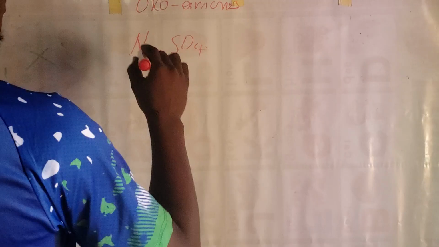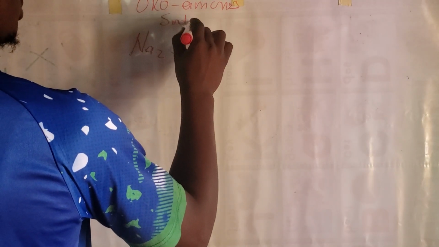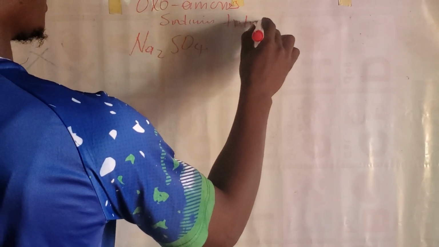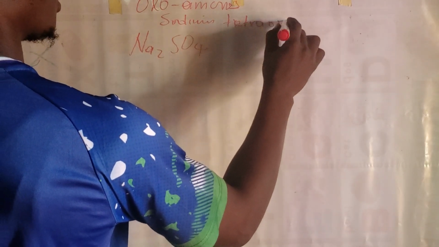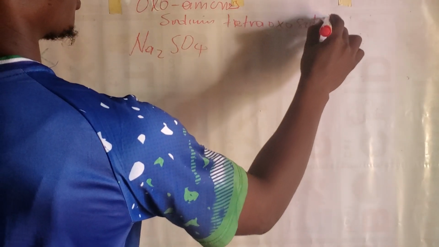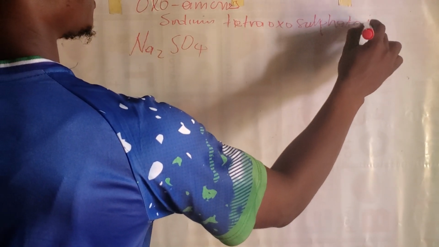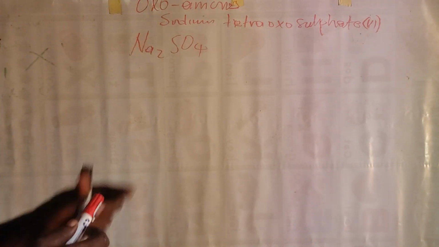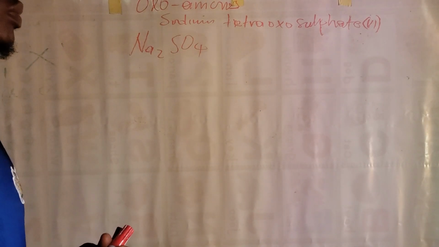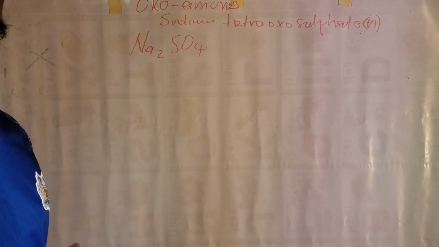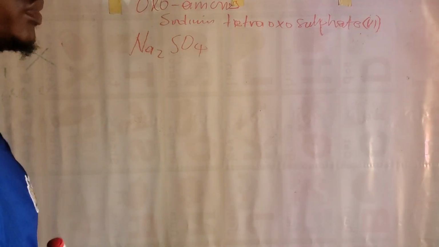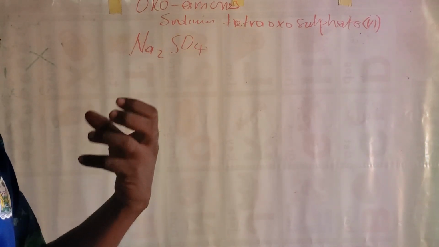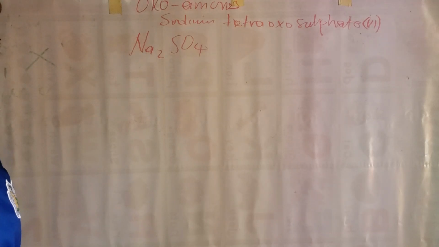The word form will be given to you as sodium tetraoxosulfate 6, for you to write its chemical formula. Of course, this is a chemical formula for it, but how are you going to write this chemical formula?